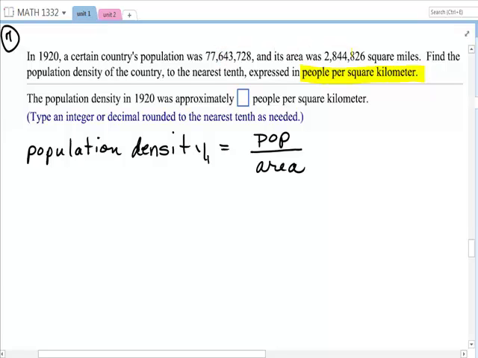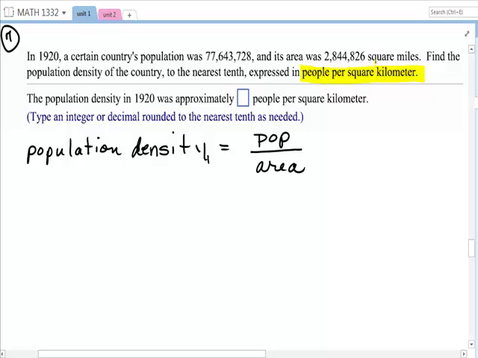If I worked on this, and I took this population, 77 million plus, and I have this area, 2.8 million square miles, what's the problem? What's the issue? I got a little problem here. Thank you. The instructions said I have to give this density in people per square kilometer.